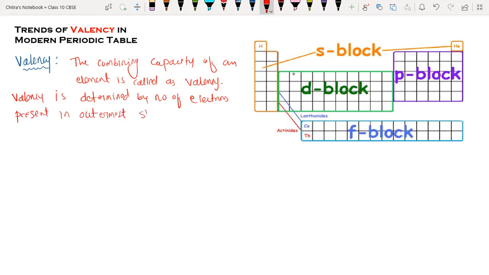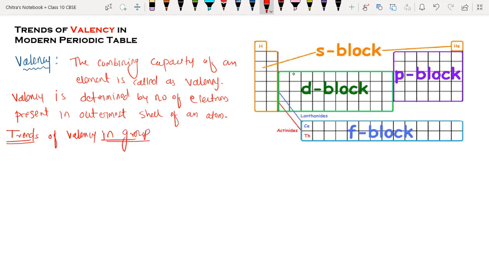Understood everyone? What valency is? Yes, I understood. Okay, so now we are going to cover the trend of valency in group first.